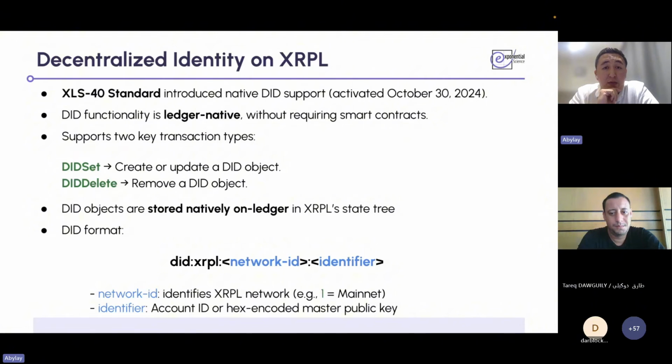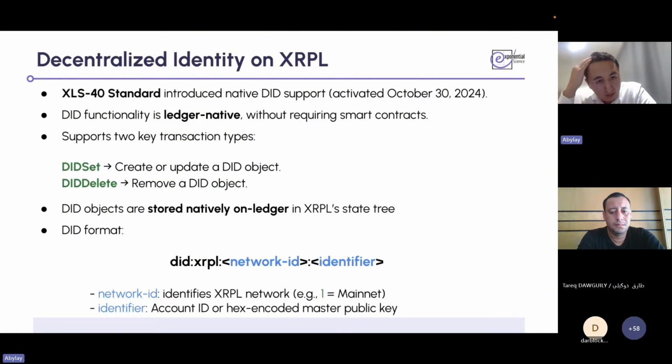So basically, we start with XRPL. In XRP ledger, they implemented DID as ledger native. They have created two key transaction types: DID set, which allows you to create and update a DID object, and also DID delete to remove your DID.